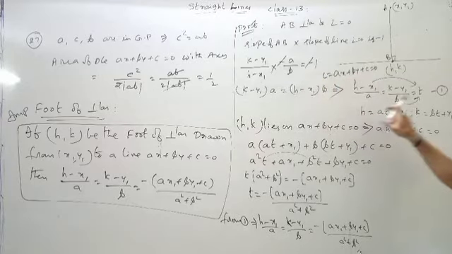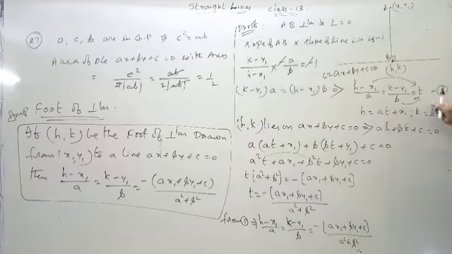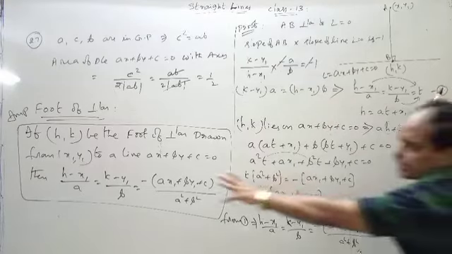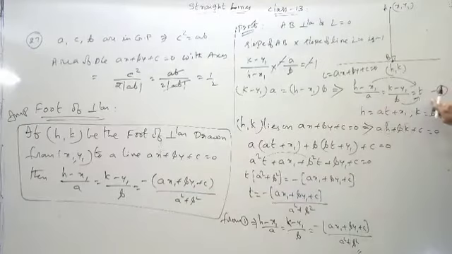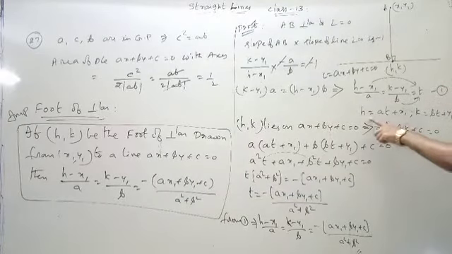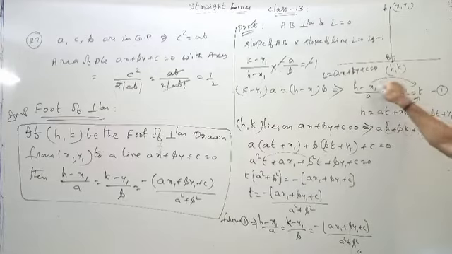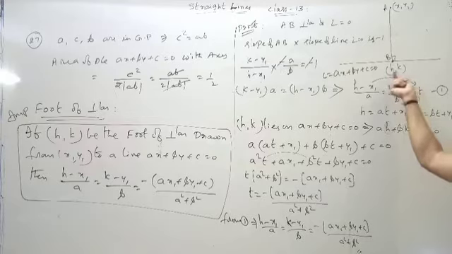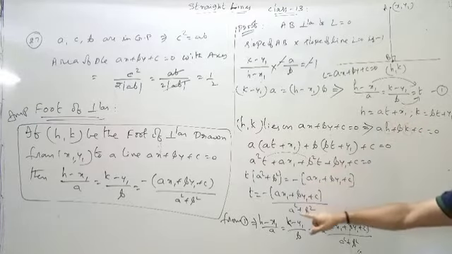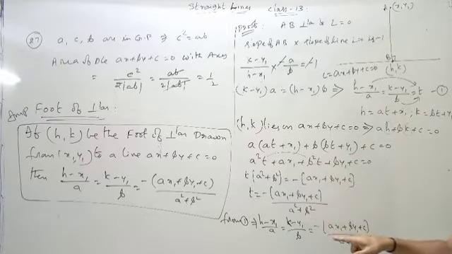So from this we got some condition. We have to find this value, let it be t. From this we got the values of h and k. But h comma k lies on the line ax plus by plus c is equal to 0. So you substitute the point h comma k in the given equation and replace h comma k as at plus x1. You will get the value of t. Then you replace the value of t here. Then that will be the result for this question.